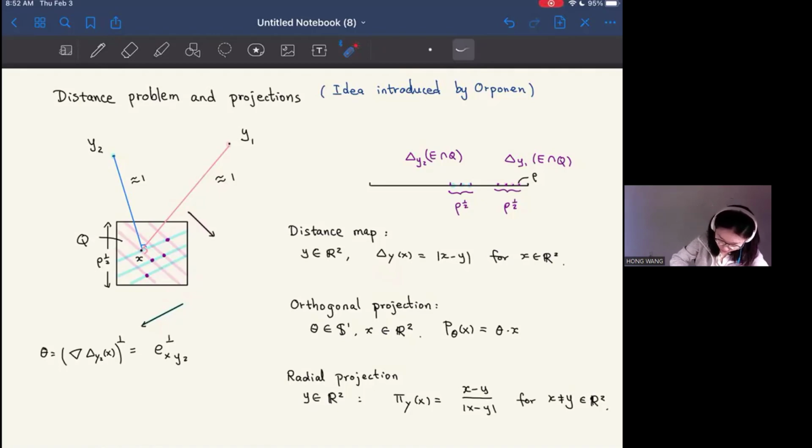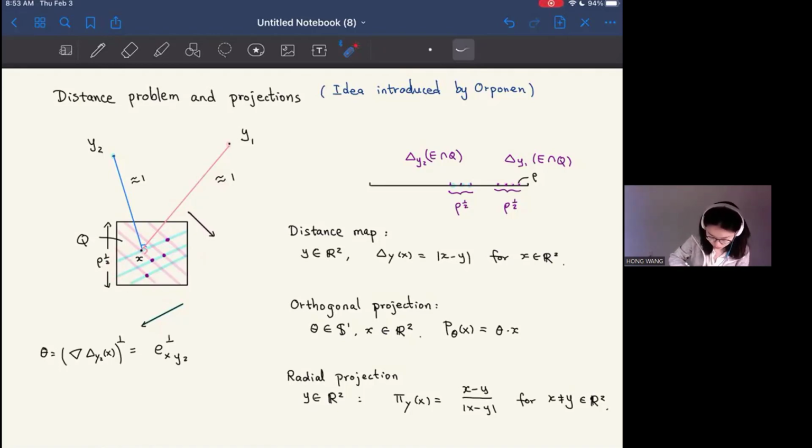And then for y2, we do the orthogonal projection along the direction orthogonal to the vector from x to y2. In this picture we have 5 points, and the number of distinct distances is 3.